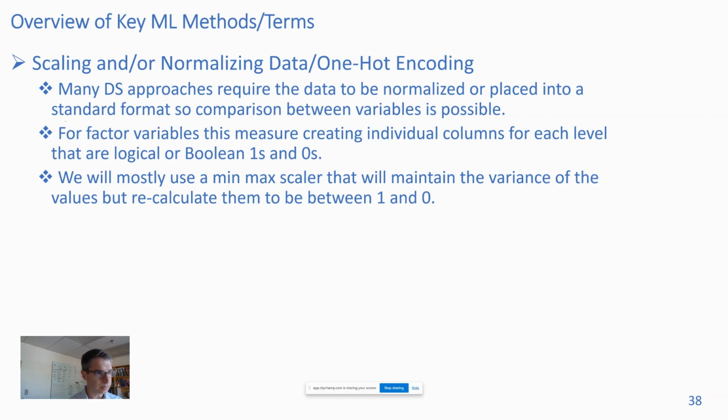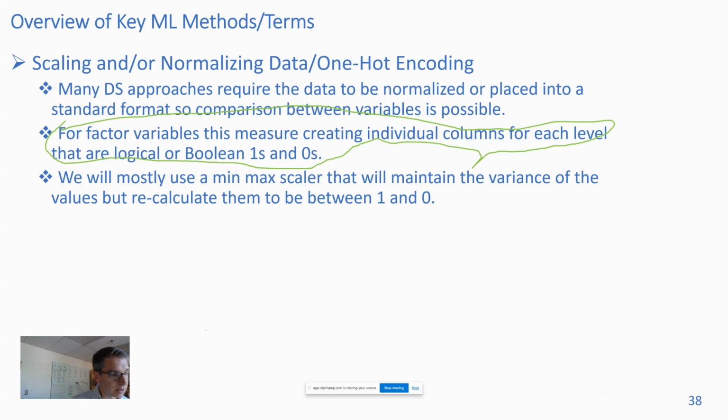Okay, this one too for logical. The idea is that we would create individual columns for each of the factor variables or categorical variables in our data set. To make it totally generic, say we had a color category with three different levels: orange, red, or green.